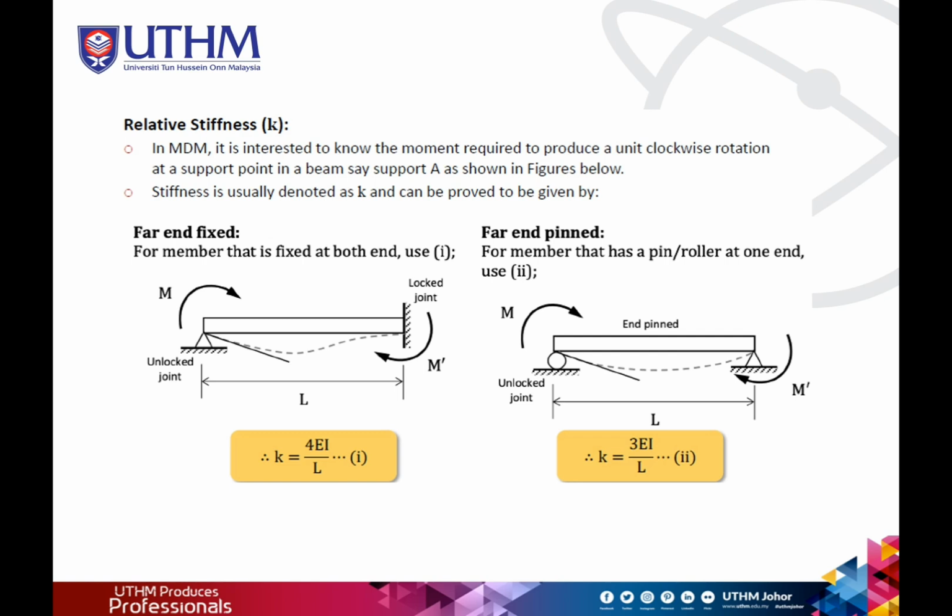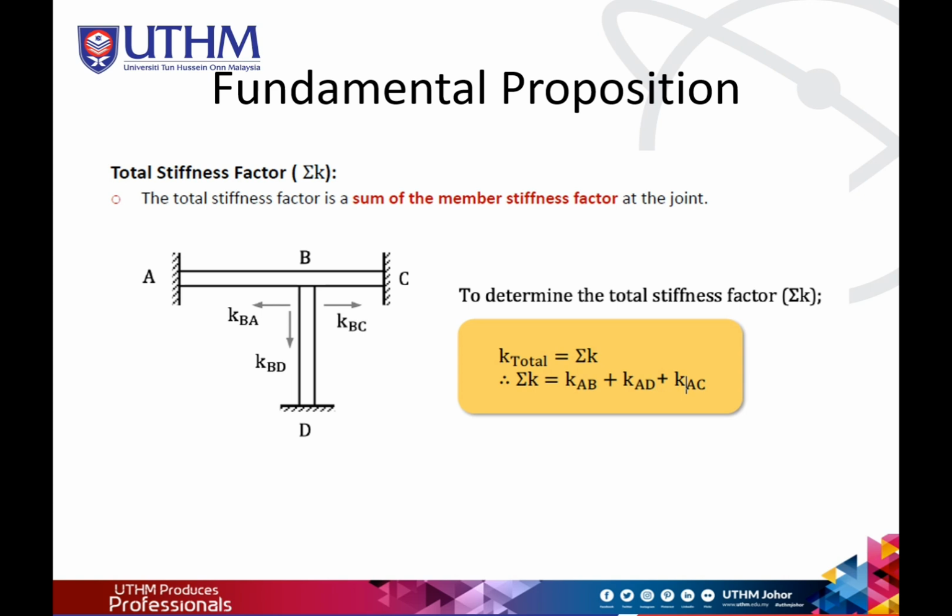To find K, the formulas are K equals 4EI over L and K equals 3EI over L. This depends on the types of supports: one is far end fixed, and the other is far end pinned. So we will have two formulas of K depending on the end supports. Then when we have the stiffness, we must also have the total stiffness factor.